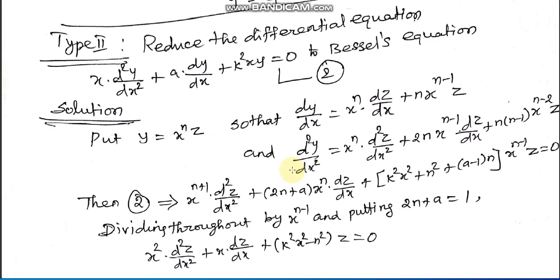Then, on substituting y, dy by dx and d square y by dx square in equation 2, we can get this equation. On dividing by x power n minus 1 and putting 2n plus a equal to 1, we can get the Bessel's form equation.